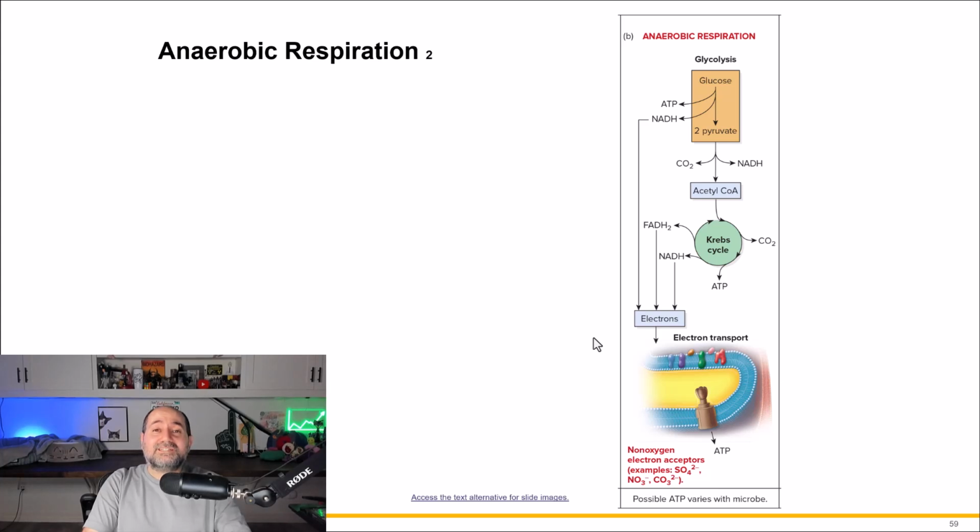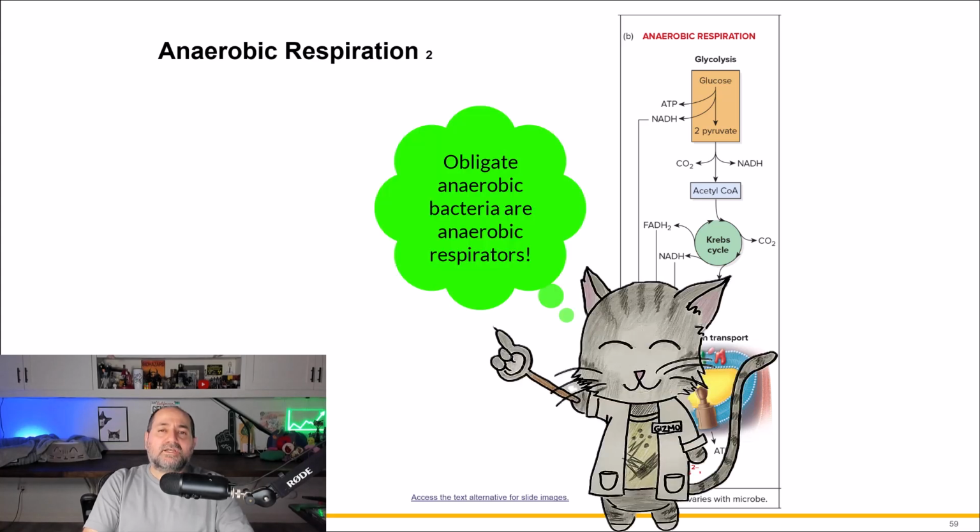So these organisms grow where there is no oxygen. You see, they're growing in the absence of oxygen. So if you're growing in the absence of oxygen, that means you're probably breathing something other than oxygen. You and I, we breathe oxygen because we are aerobes.